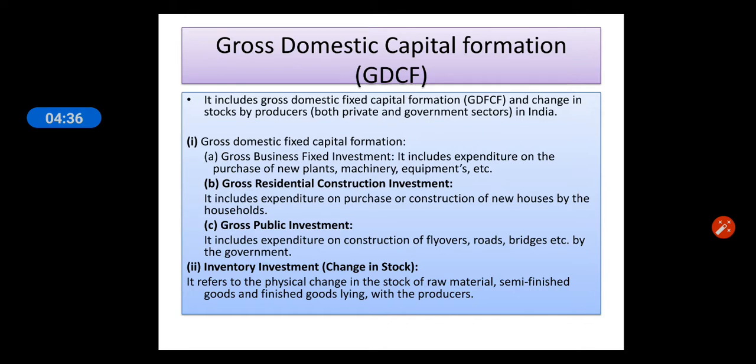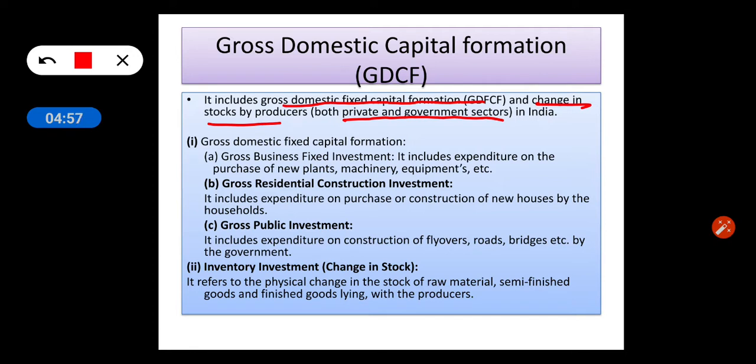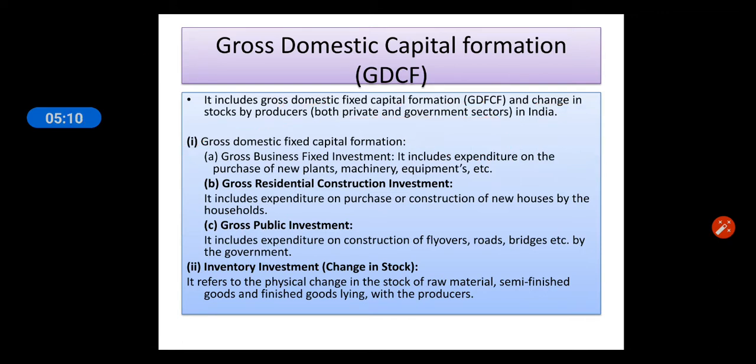Next is gross domestic capital formation. Gross domestic capital formation is an investment expenditure done by the private and government sector. So it includes gross domestic fixed capital formation and change in stock. So gross domestic fixed capital formation or GDFCF includes, number A, gross business fixed investment.